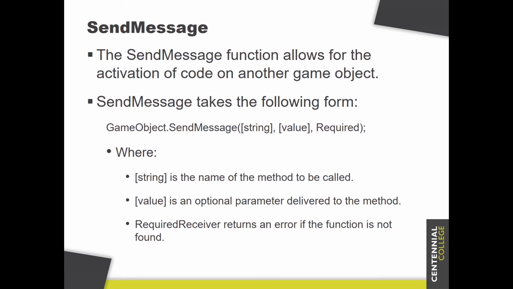First, the value parameter is the value or the parameter list associated with the particular function you're calling. The last one is the required receiver option. If you've got this option turned on and SendMessage does not operate fully, meaning it can't find the function it's searching for, it is going to return an error message for you. So there's some error checking that actually occurs there as well.